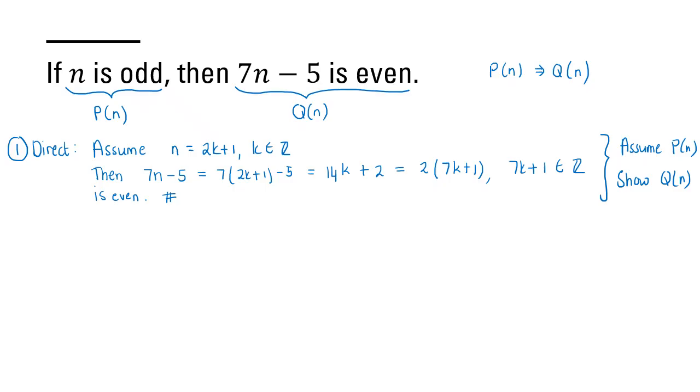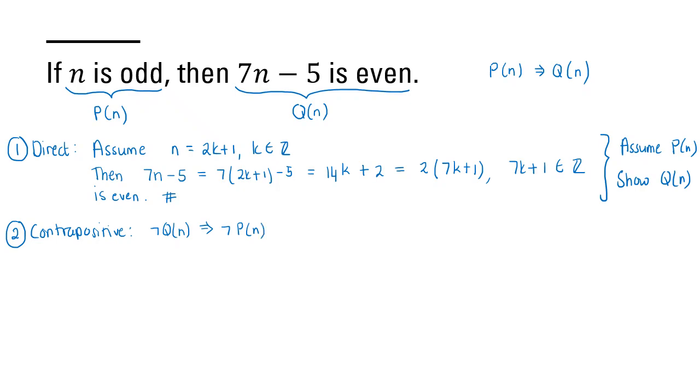For proof by contrapositive, the next one, what do we need to show? Well, instead of showing P implies Q, we are going to show that not Q implies not P. So not Q of n must mean that P of n is also going to be false.